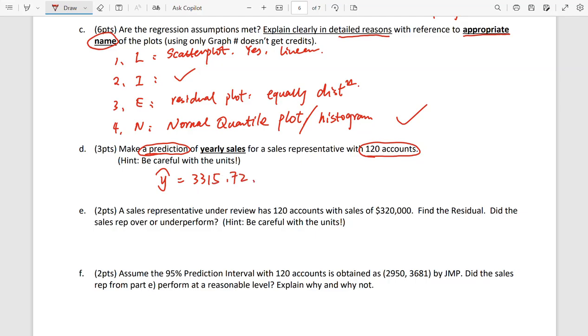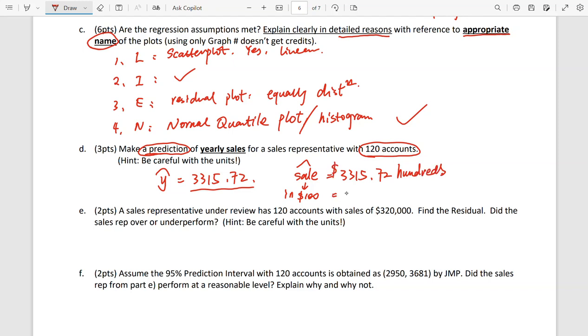Then remember I'm asking about the prediction for the sales, and the sales is in hundreds of dollars. So this is just how many units you have. So the prediction of the sale is 3315.72 units, or we say hundreds of dollars.